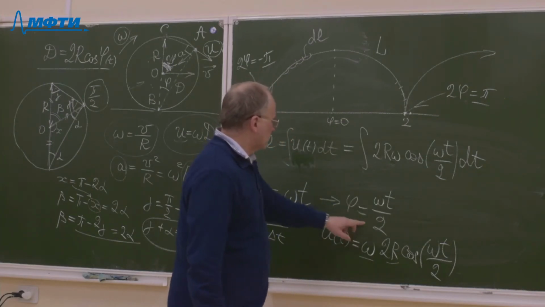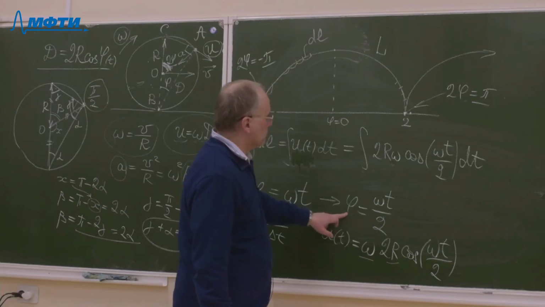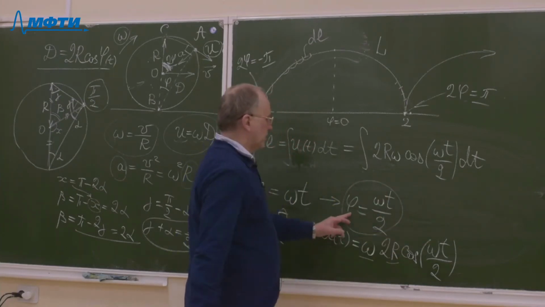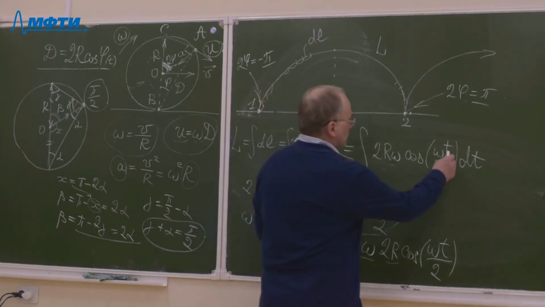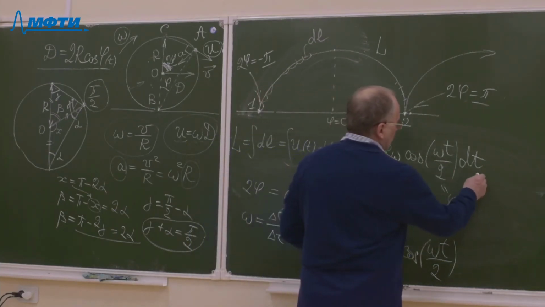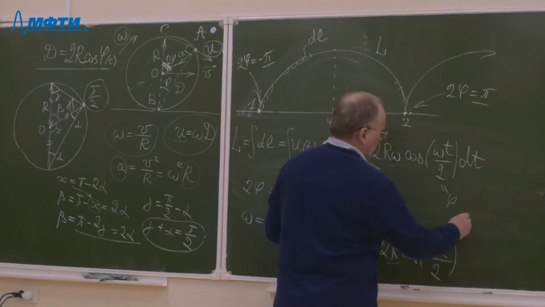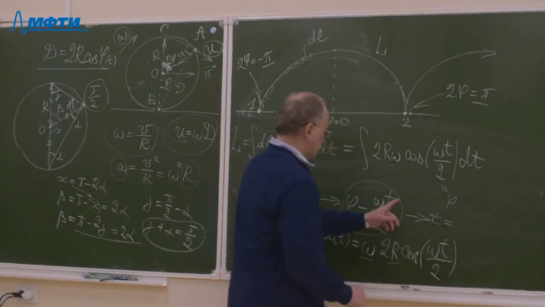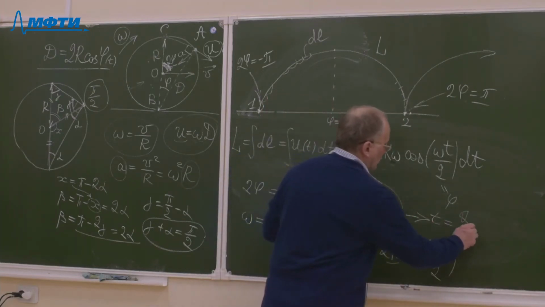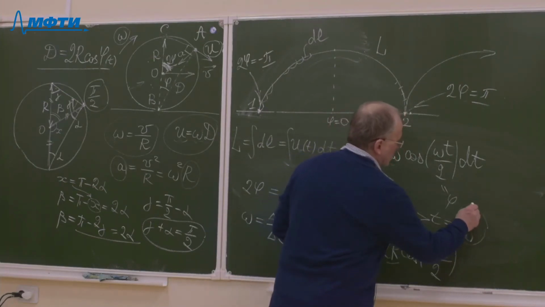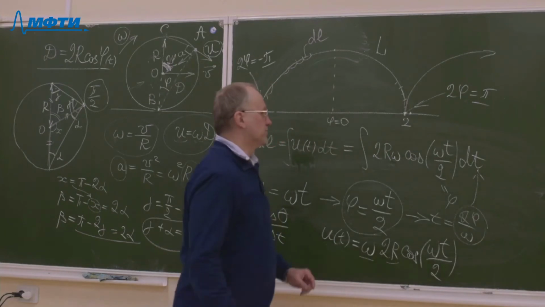Maybe it's easier to use the angle phi, because we know this formula, how phi is related to time, and we notice that this is exactly equal to phi. And then time t will be equal to, from here I can obtain, the time is 2 phi over omega. And this expression should be substituted here.